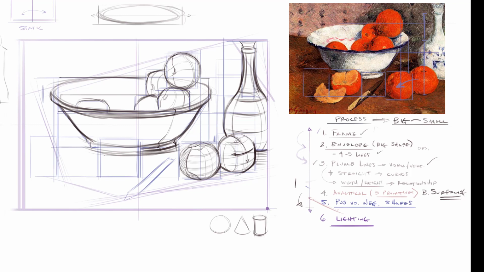Let's do this orange. So here's a modified form. When you're at this stage and you're looking for your primitives, you have one of two options. They can be pure, like this, of your five: sphere, cone, pyramid, box, cylinder. Or they can be modified.